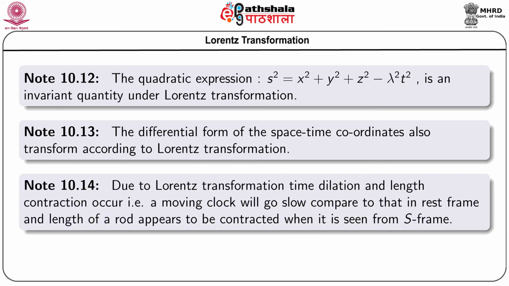Now, this is a very important thing, that due to the Lorentz transformation, time dilation and length contraction occur. That is, a moving clock will go slow compared to that in the rest frame, and the length of a rod appears to be contracted when it is seen from the S frame.